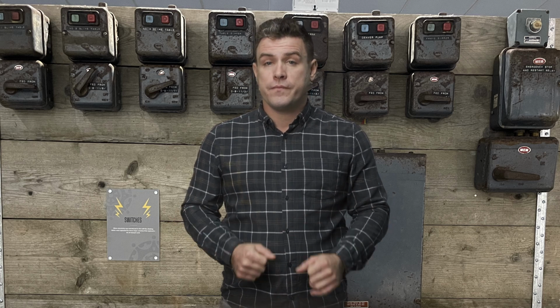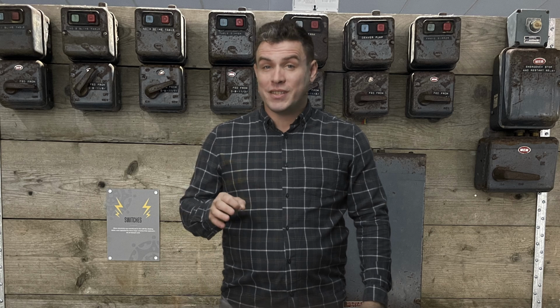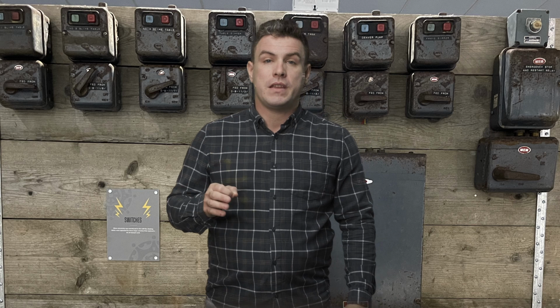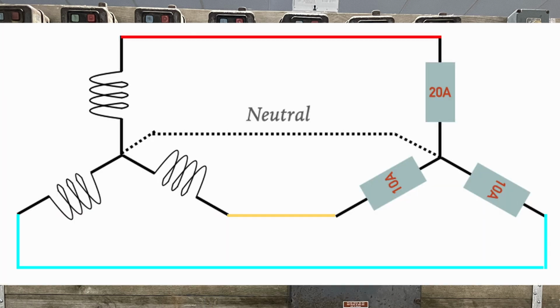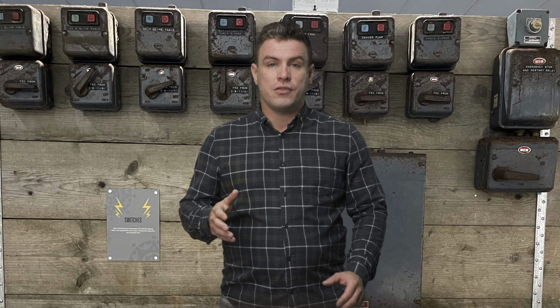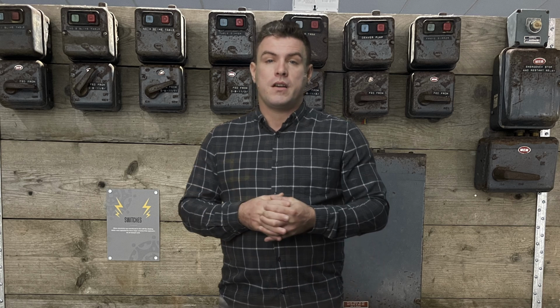Interestingly, in a delta configuration, the neutral only carries the imbalance between the 3 phases, so there's a great need to ensure that the 3 phases are balanced. This is done by ensuring that loads are spread between the three phases. And when this is done, it's called a balanced system. This spreading or balance continues into a single phase with our homes.